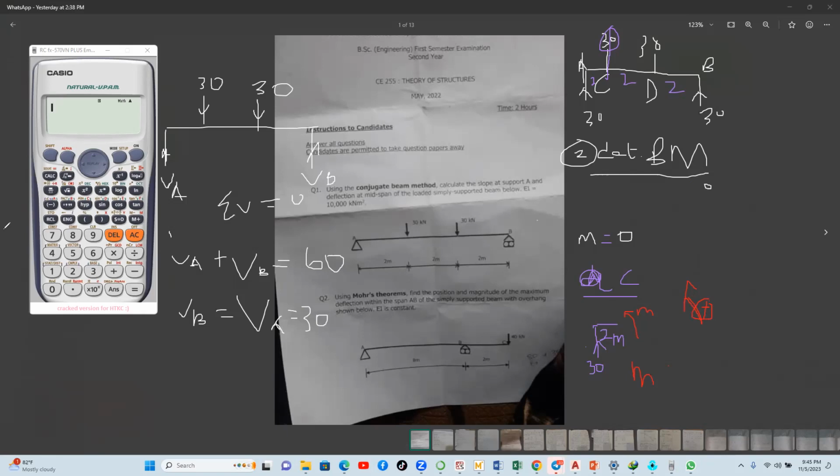Then the 30 kilonewton load, about this, it will turn it this way. So that is against the direction I first chose. So this direction is negative. I said this direction is positive.